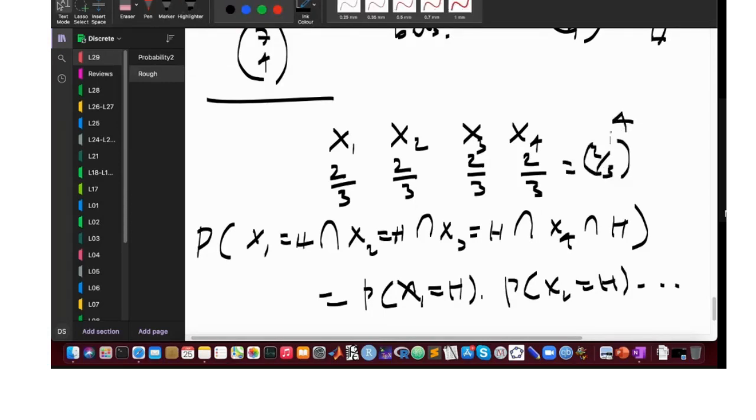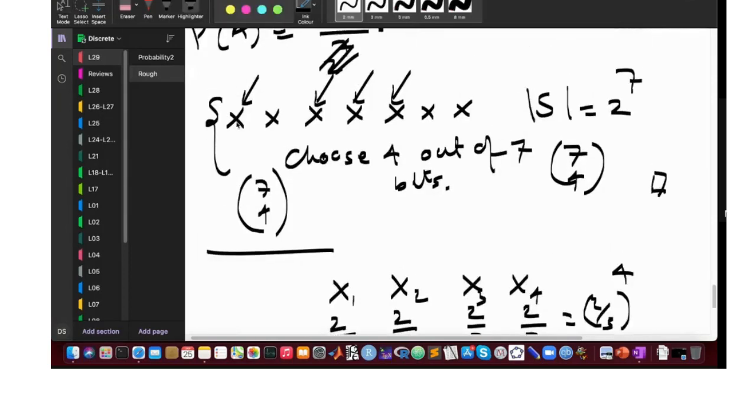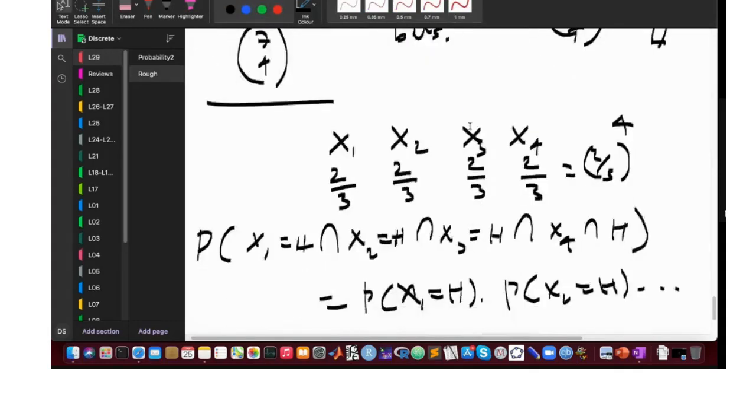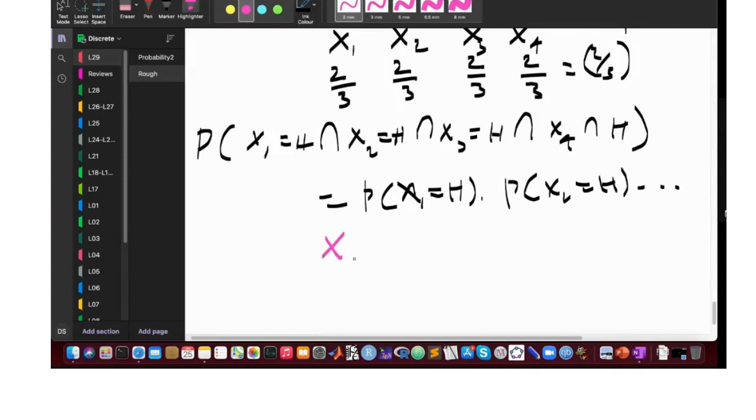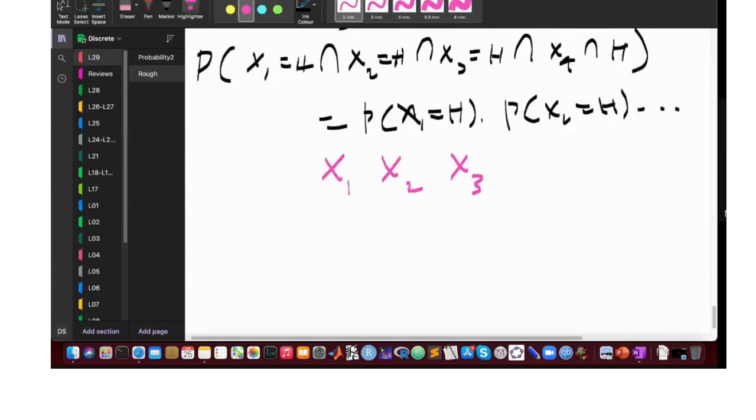That's not enough because I have 3 remaining bits. Okay, or in 3 bits के ऊपर I need to make sure that I get 0. Okay, what is the probability that I get 0 on these 3 pink bits?